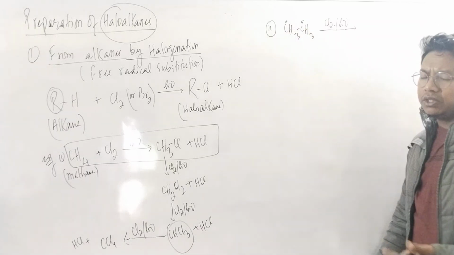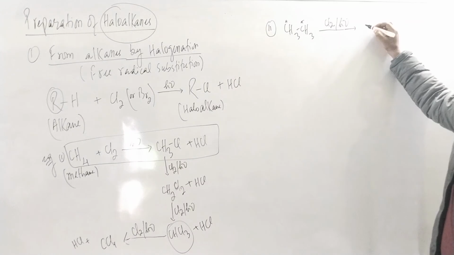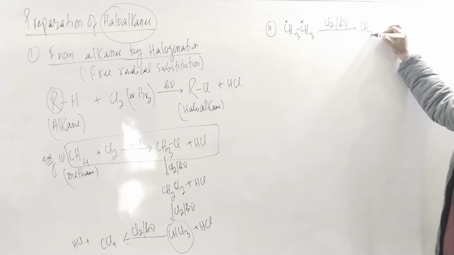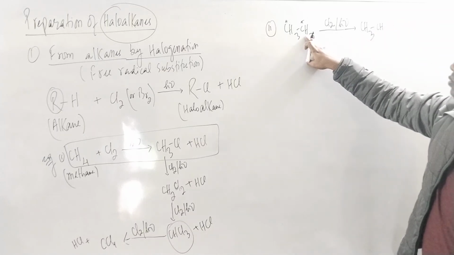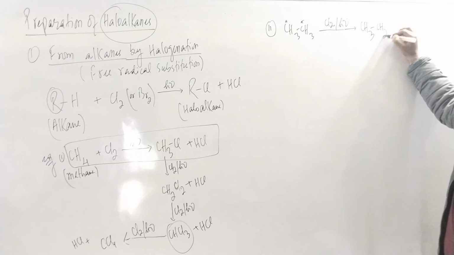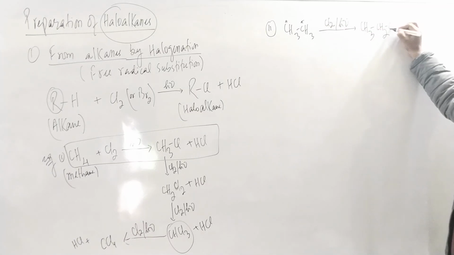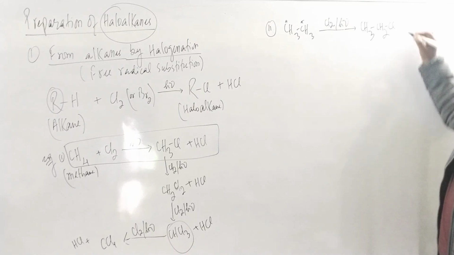So substitution can be done to either of these carbon atoms, right? So we will get CH3, CH2. This hydrogen is to be replaced by one chlorine atom. So we will get chloroethane plus HCl.